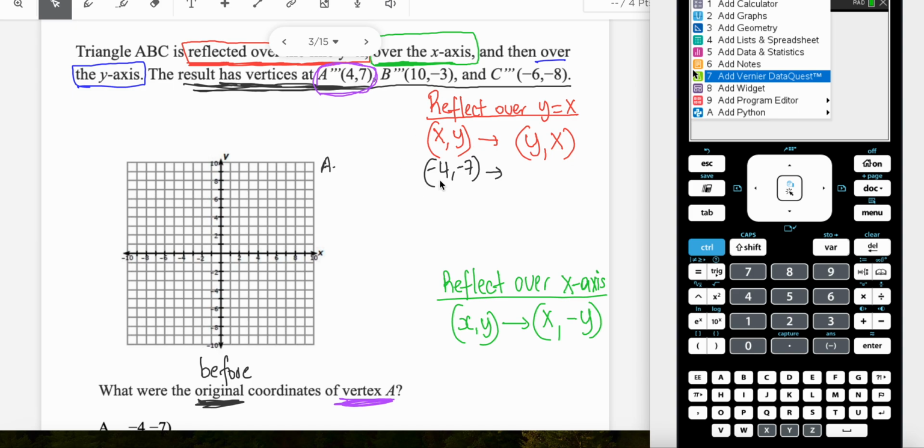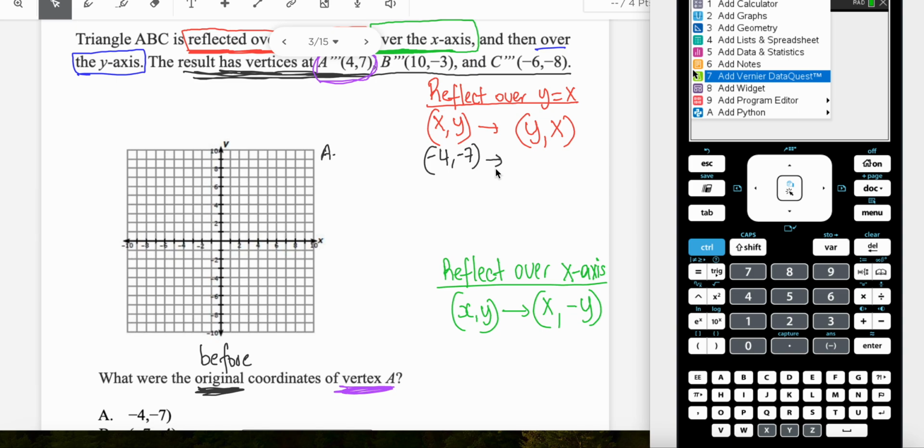So it says (-4, -7). Now, if we reflect that over y = x, just flip the coordinates around. So (-4, -7) is going to become (-7, -4). And this would be our A prime.